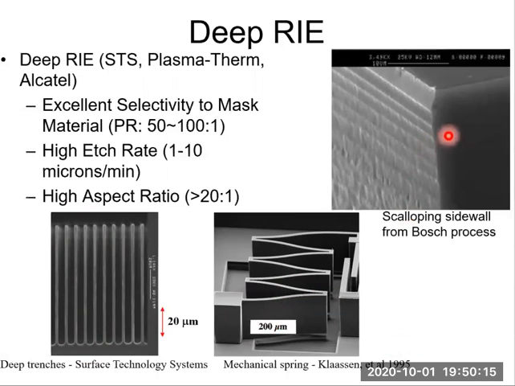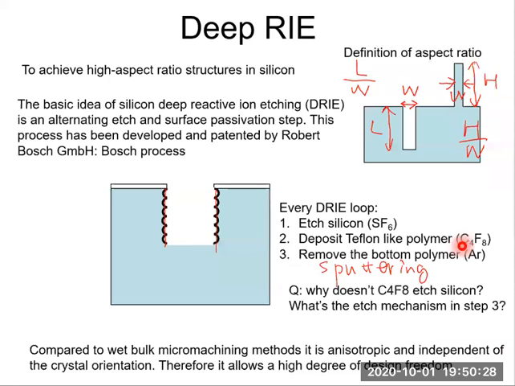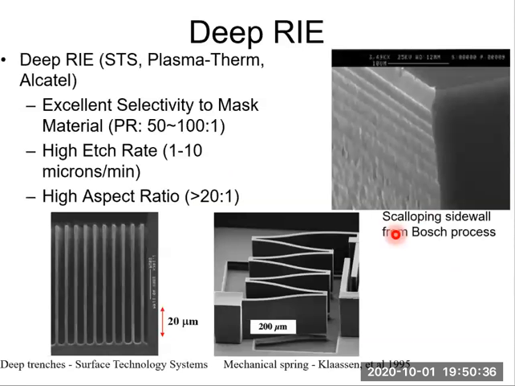And this SEM image shows the scalloping side walls, a natural result of the Bosch process, of the deep RIE loop. We can clearly see the marks created by every loop. So the surface etched by deep RIE is not that smooth.